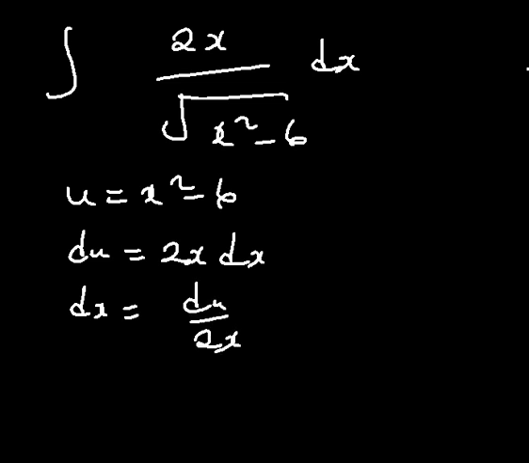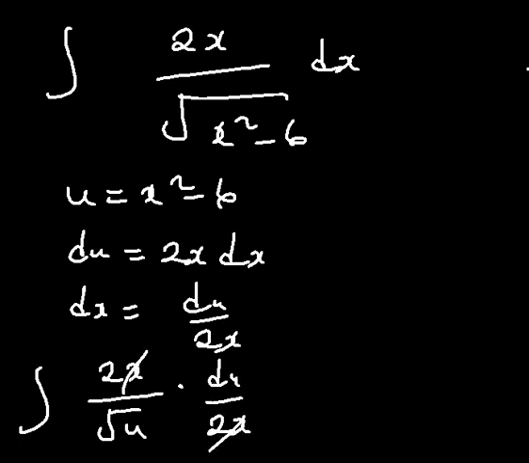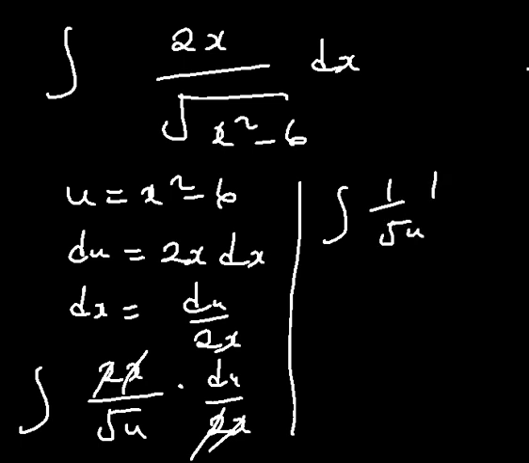And now we have the integral of 2x over the square root of u times du over 2x. Now this x and this x cancel, and also this 2 and this 2 cancel. What we'll have is the integral of 1 over square root of u du.